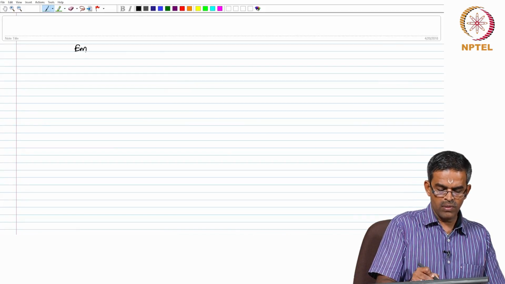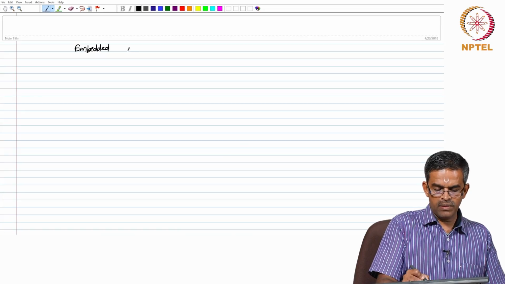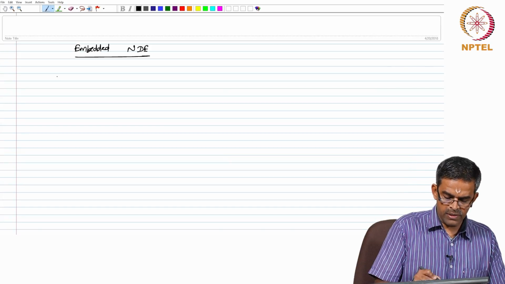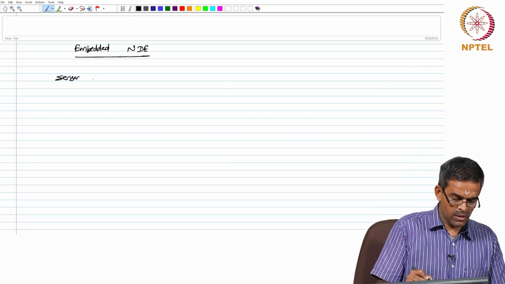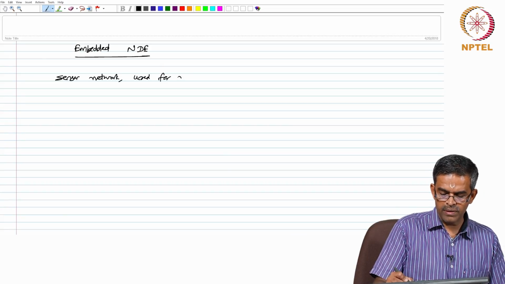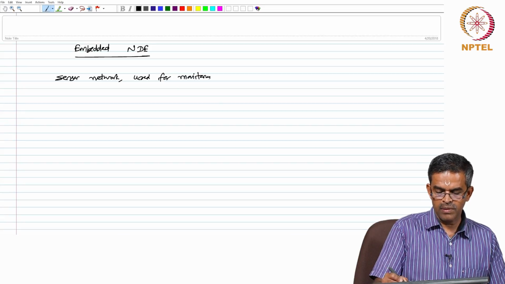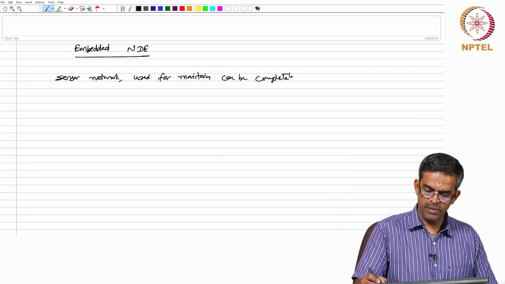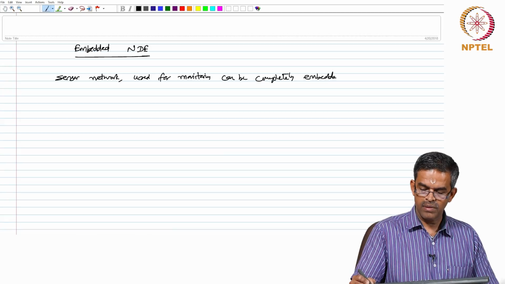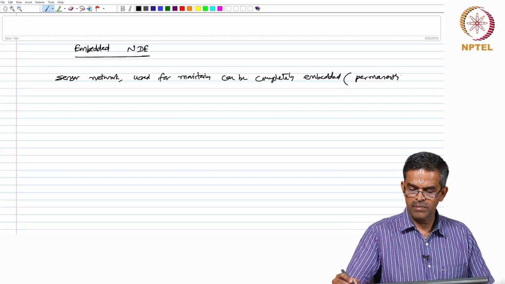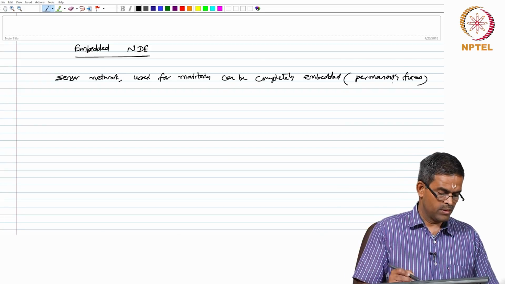Let us now pay attention to something called embedded non-destructive evaluation. Interestingly friends, the sensor network used for monitoring can be completely embedded, that is permanently fixed into the structure.